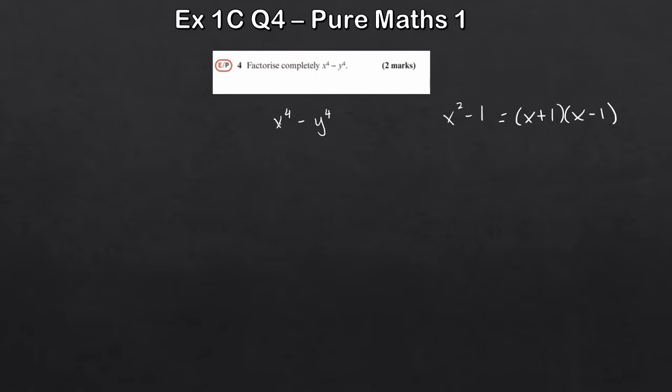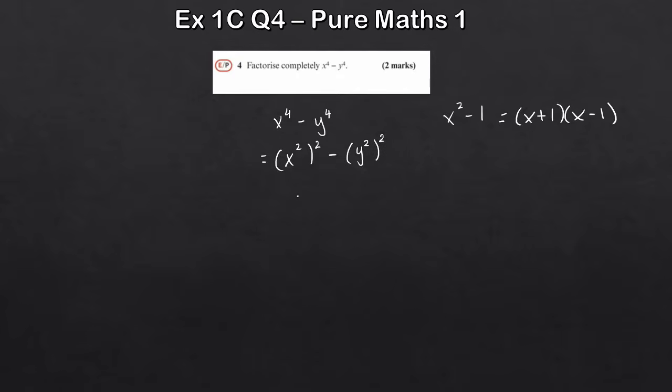Now the issue is this is written as powers of 4, but remember you can manipulate this, right? So this is just the same as x squared squared. This y to the 4, again we can rewrite this, this is y squared squared. So it's just being confident with your indices for this question. And notice now I do have it in the form of the difference of 2 squares.